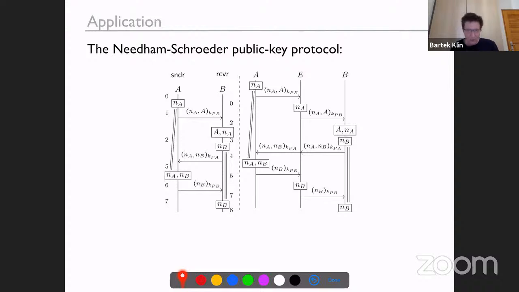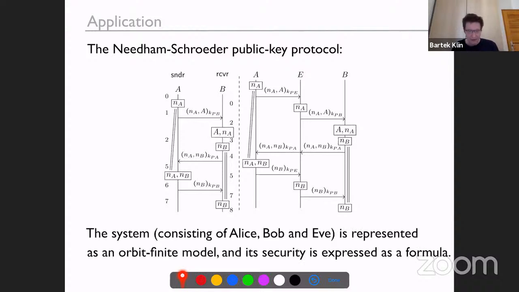And we can actually formulate this system consisting of Alice, Bob, and Eve as an orbit finite model. And the security of this model is expressed as a formula in the history-aware version of our μ-calculus with equality atoms.